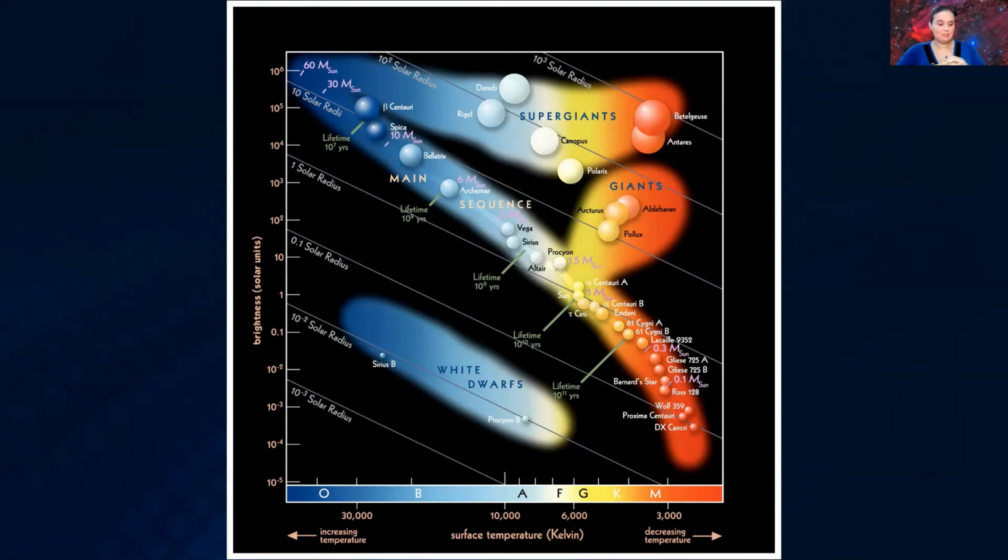They would basically become bloated in a way as they go further in their life. And then eventually, as they puff out their outer shells, they could become white dwarfs. And in newer versions of this diagram, you also have neutron stars and a bunch of other things like black holes on this list as well.